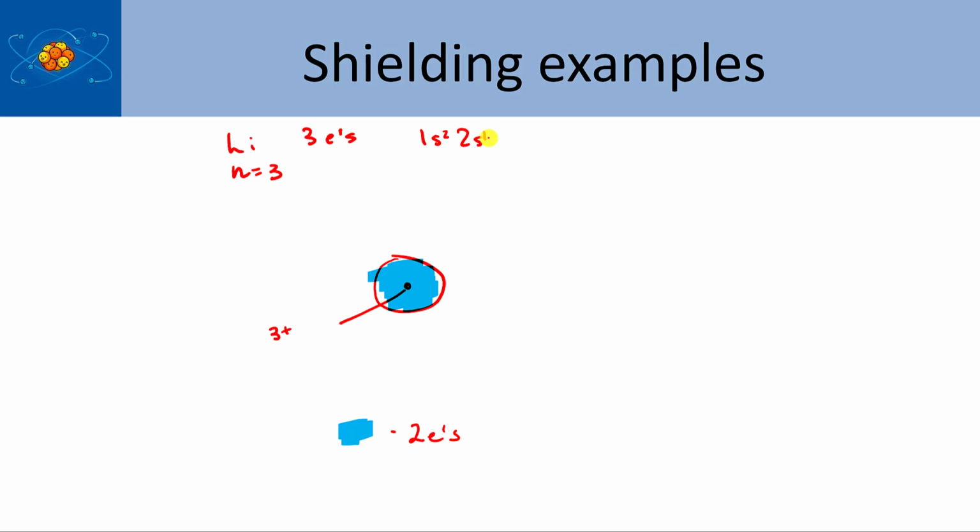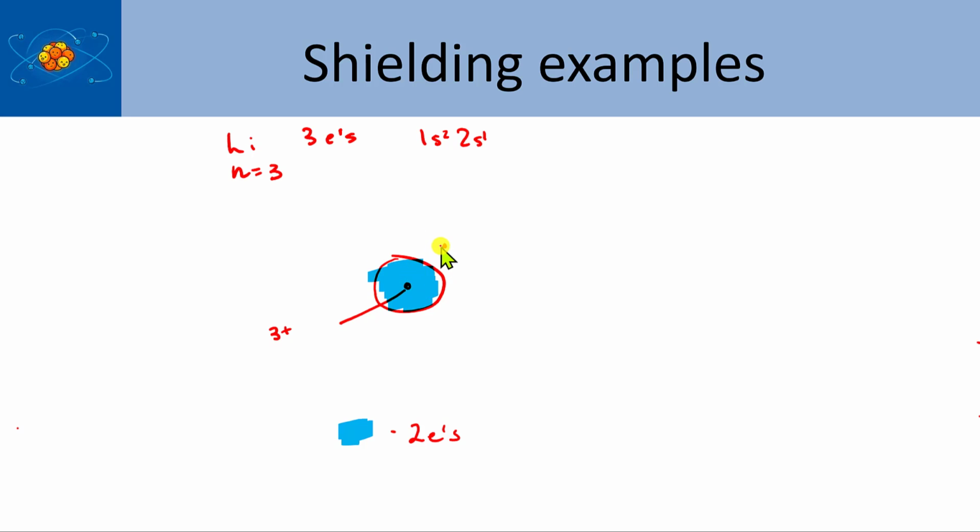So I have 1 more electron, and that 1 electron is out here somewhere. I don't like drawing it as a dot. I should really draw it as a filled-in space, as a cloud. But what I have is the 2 electrons in here as a cloud. Sorry, I couldn't get my pointer to work for a little bit.